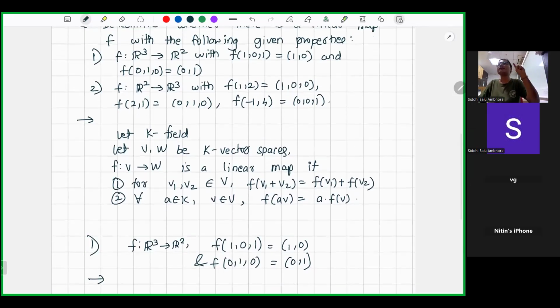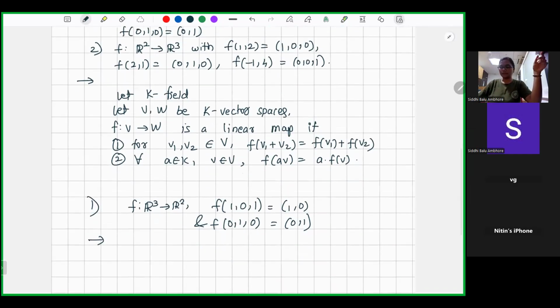Even if we show that at least one such F satisfies these two properties, we are done. We don't have to describe all the F which satisfy this.